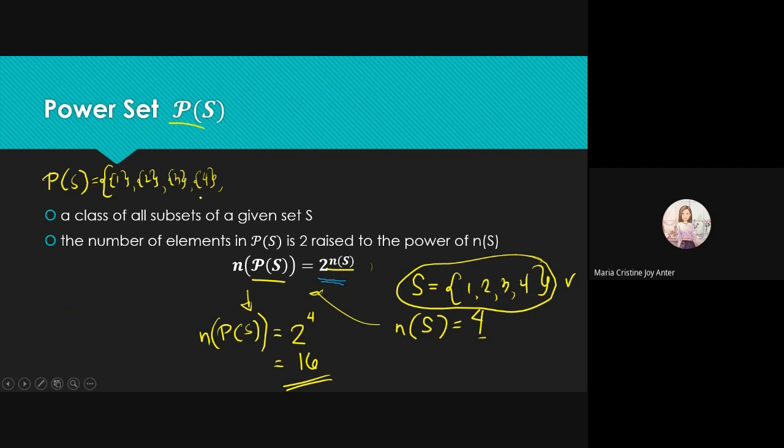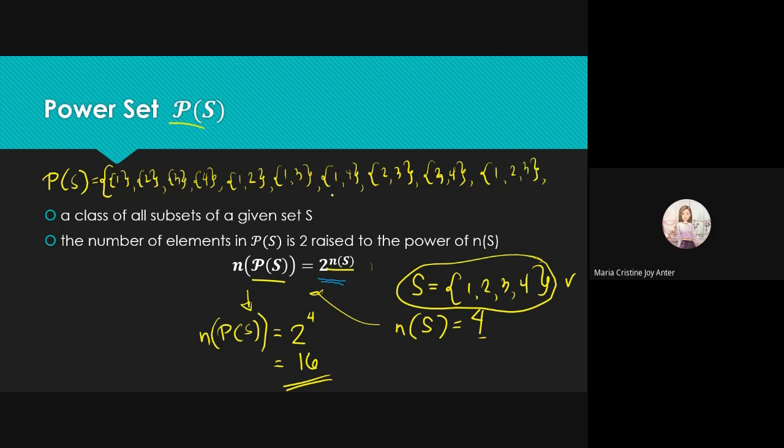Next, by pair na po na to. Balik na nagduha na po. So 1, 1 and 2, 1 and 3, tapos 1 and 4, and then 2 and 3, 2 and 4, and then 3 and 4. Okay. Next, tinagtulo na punta. 1, 2, 3.